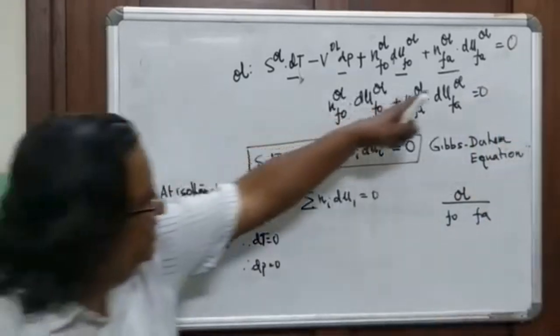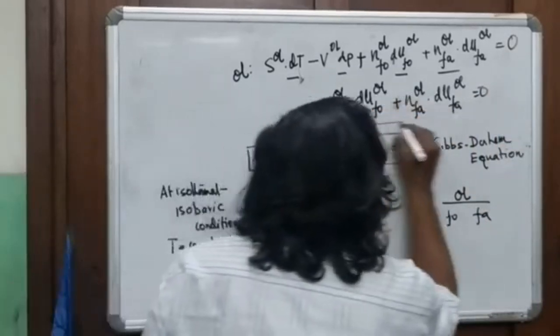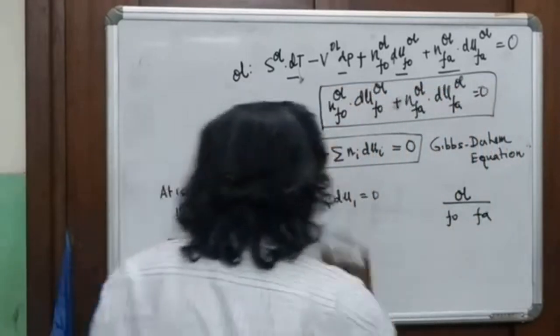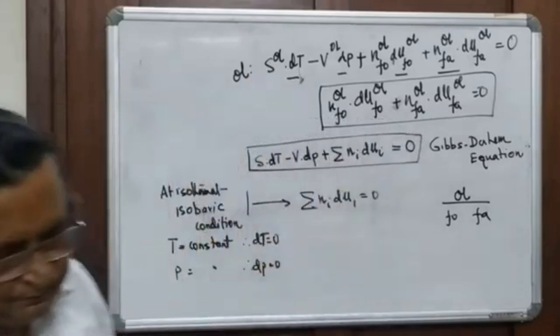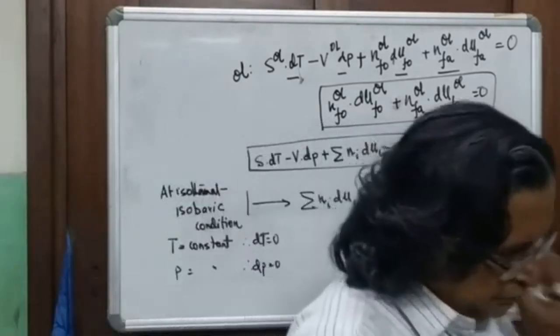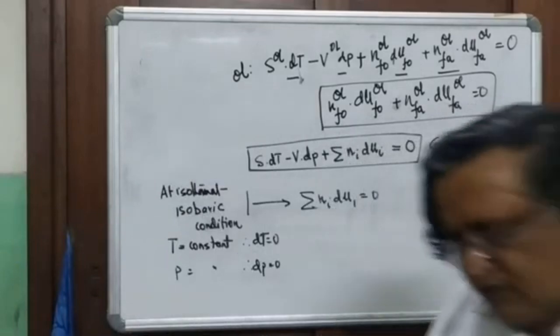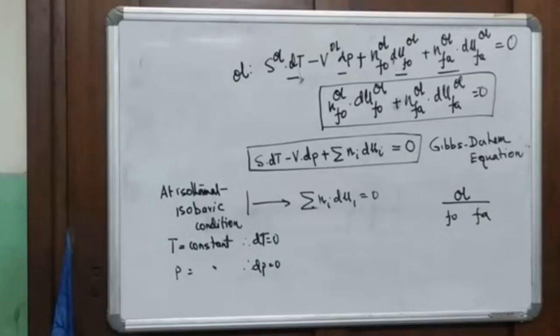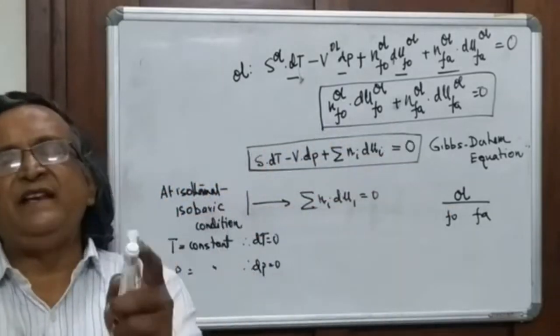I forgot to write the 0 here. So this is what happens for olivine at isothermal isobaric conditions, for a simple binary solid solution.